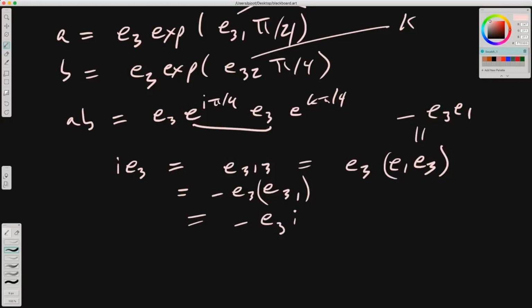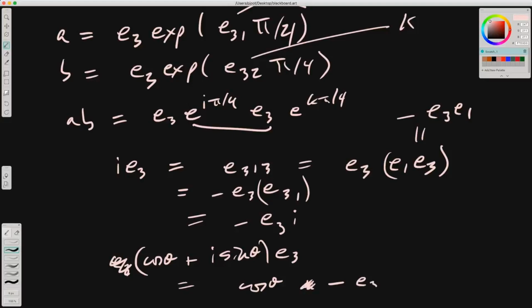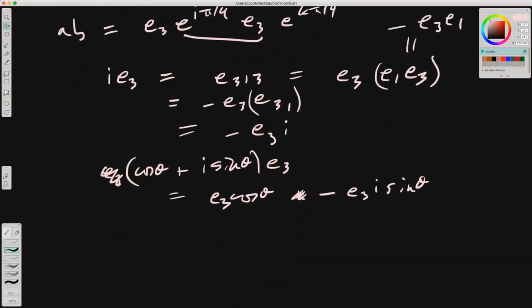So a consequence of this is that if we take E3 (cos theta plus I sine theta), then that equals cos theta plus minus E3 I sine theta, which is E3 times (cos theta minus I sine theta), and that is E3 e to the minus I theta.